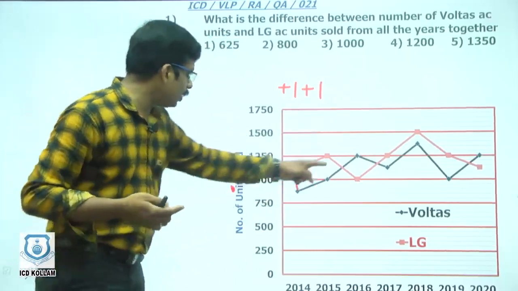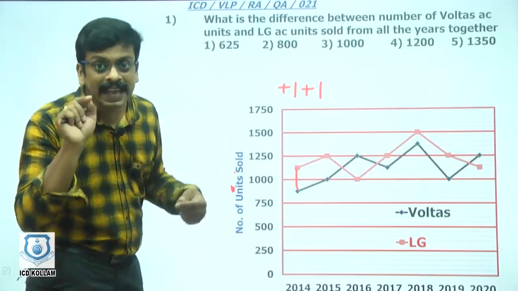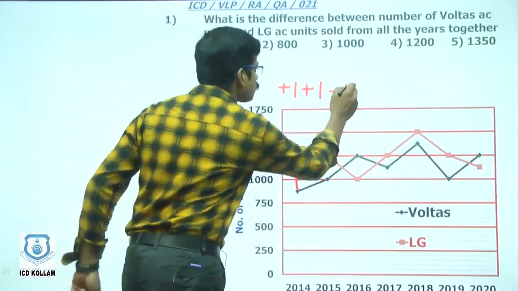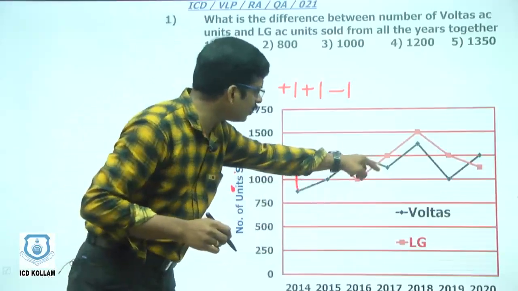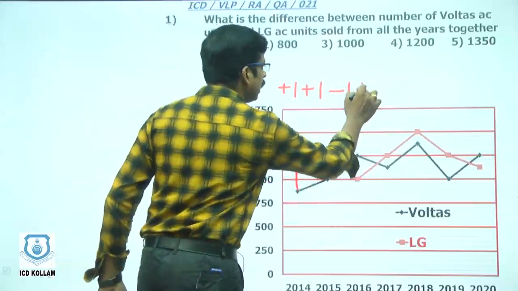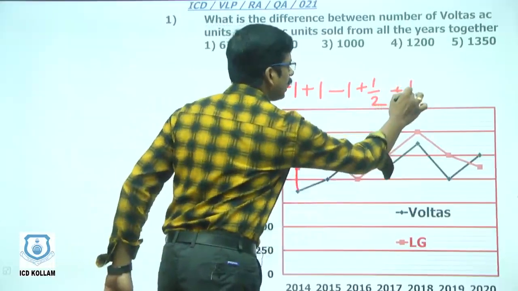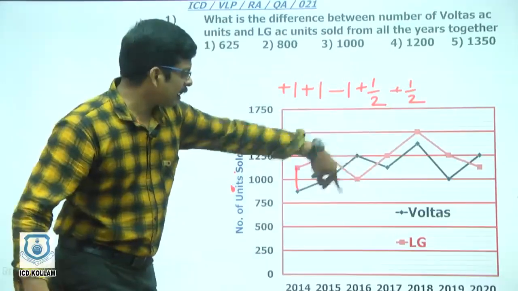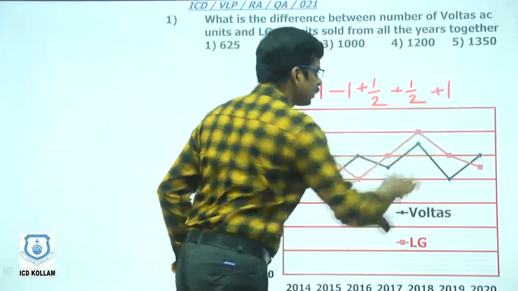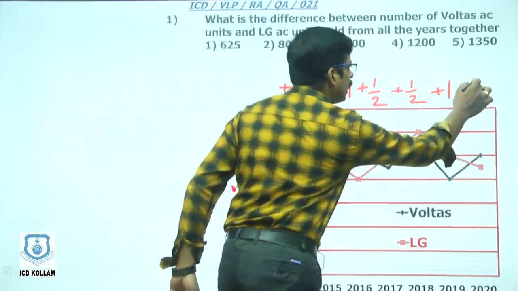Now the third one, LG is smaller, so we can say it as negative, and it is minus 1. Again here in 2017, LG is more by half a block, and next half a block again, and next it is 1 block, and the last one, 2020, it is half a block less.